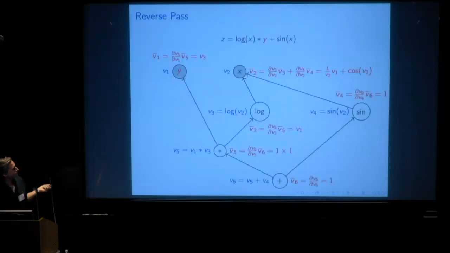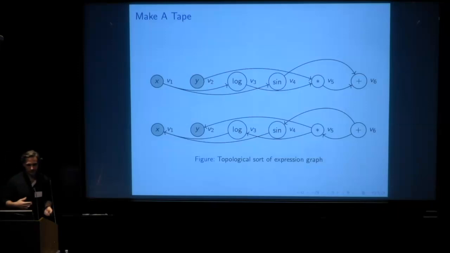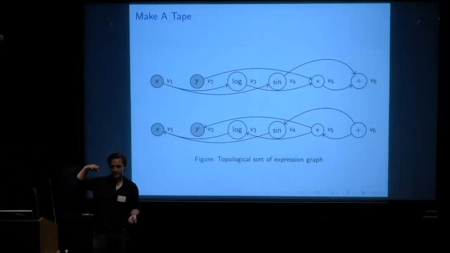In a computer, you could go and have a big linked list structure and write out your full expression graph like this, keeping track of things. We tend to do a topological sort of the expression graph, where a topological sort just means that if you have a graph or tree, you can lay it down linearly where each of its parent nodes precedes the child nodes.